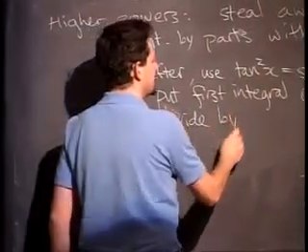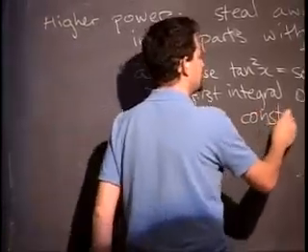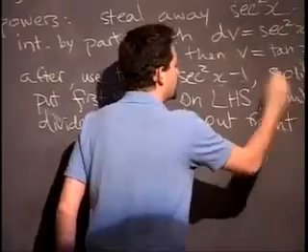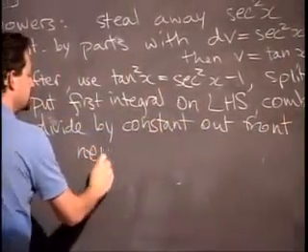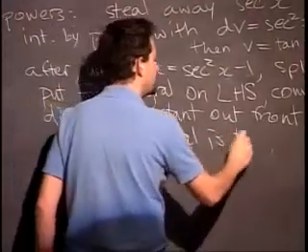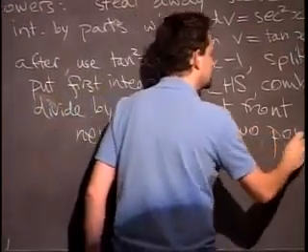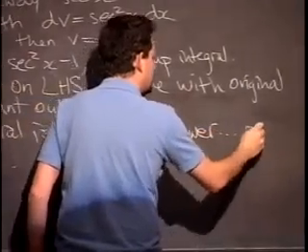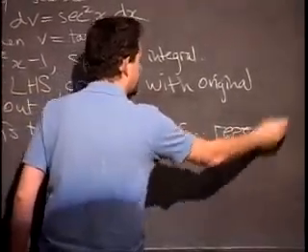Divide by the constant out the front. In that case, it was 5. And you've reduced the new integral to 2 powers lower. So, unfortunately, rinse and repeat, except without the rinse.